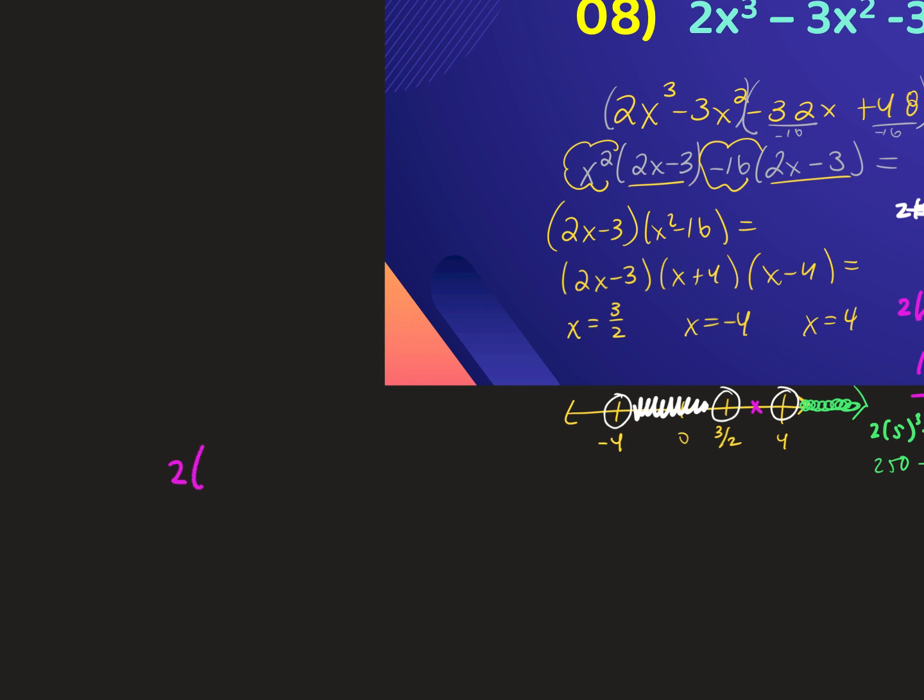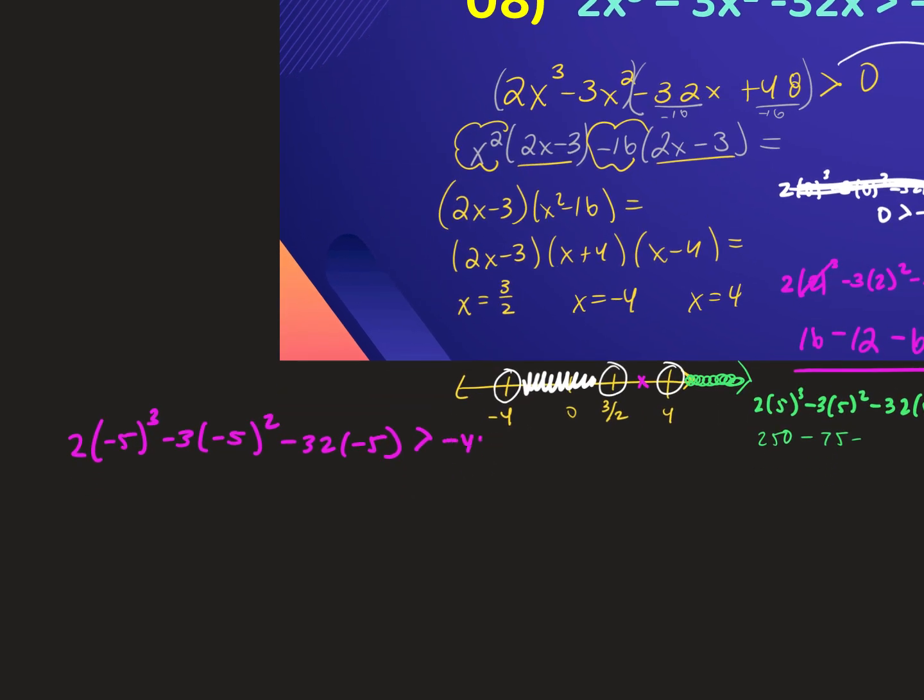So 2 times negative 5, minus 3 times negative 5 squared, minus 32 times negative 5, greater than negative 48.